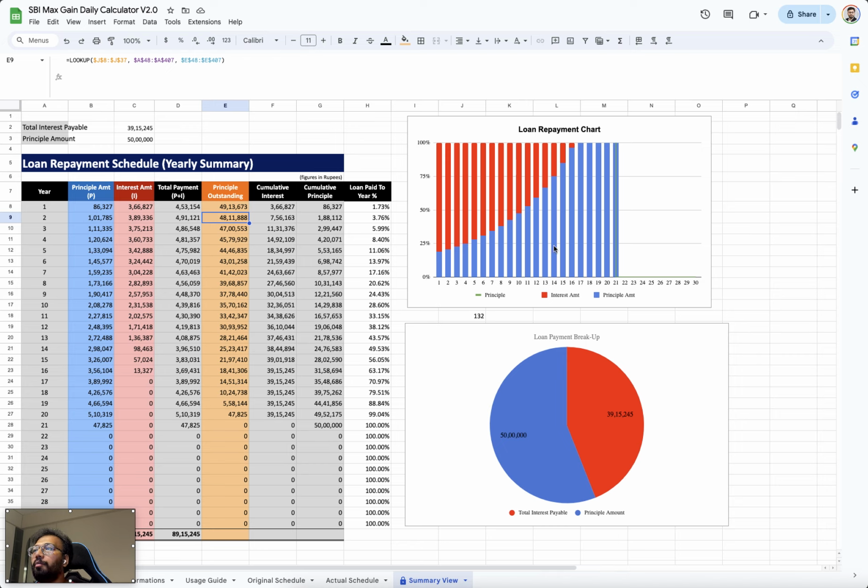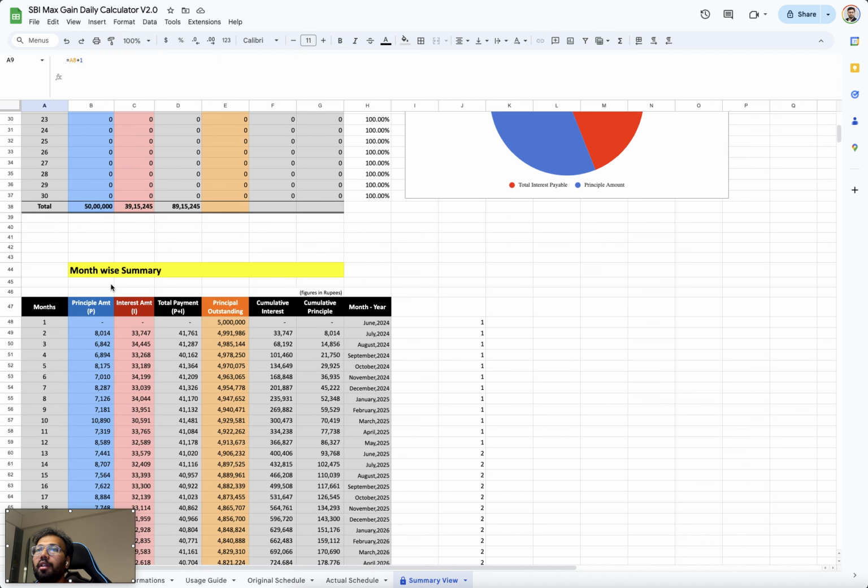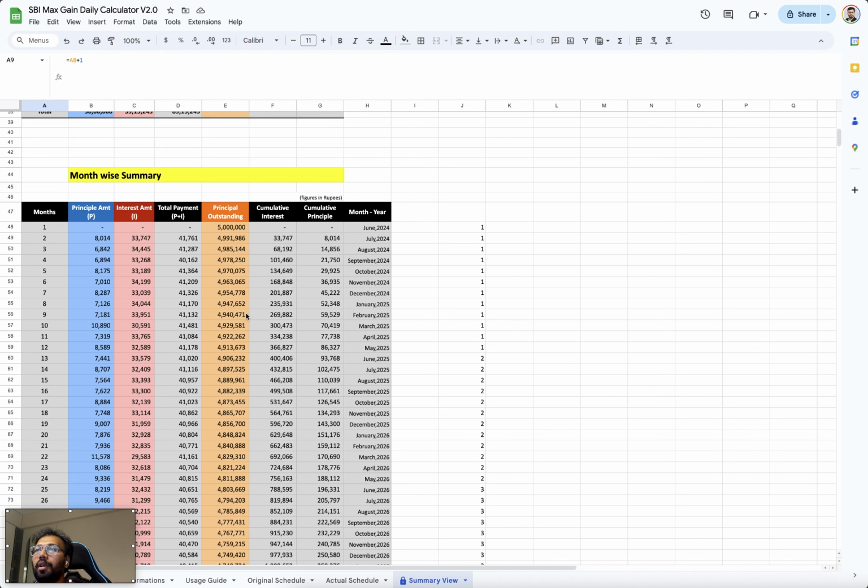So what is the principal amount, what is the interest amount, how much of the principal portion and the interest portion we are paying to the bank. This gives you a high-level summary by year and by month as well.